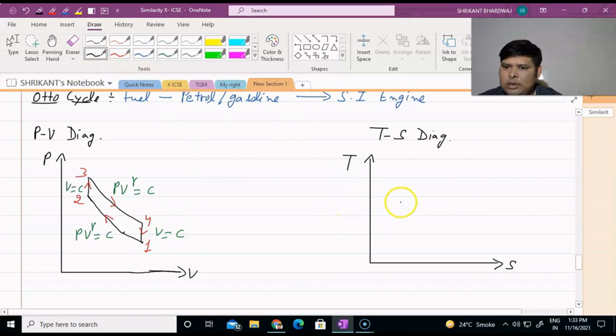Now since 1 to 2 is isentropic, straight line, 2 to 3 constant volume, so with a slope, because it is a constant volume heat addition, with this there will be rise in temperature as well as of the entropy.